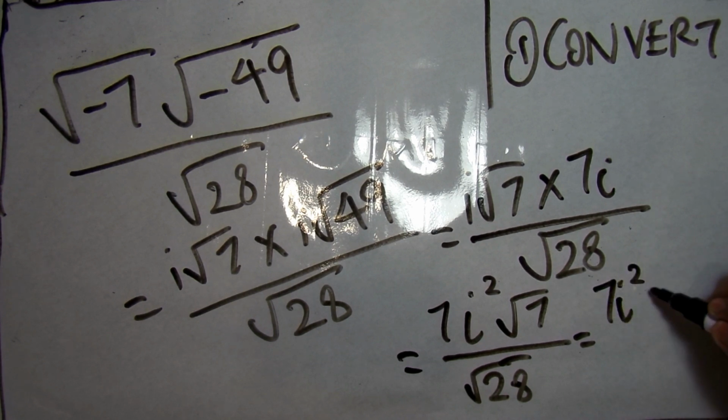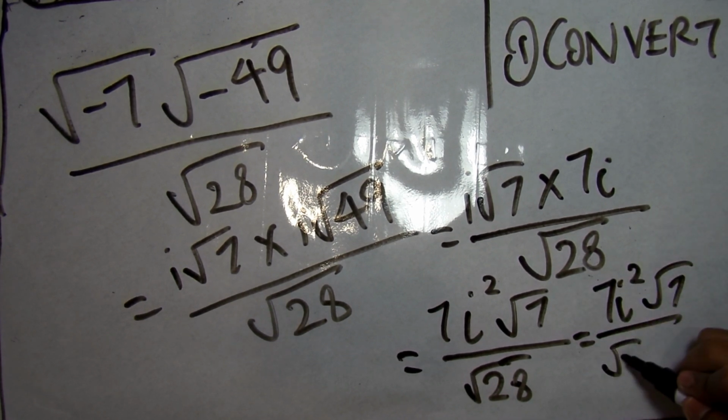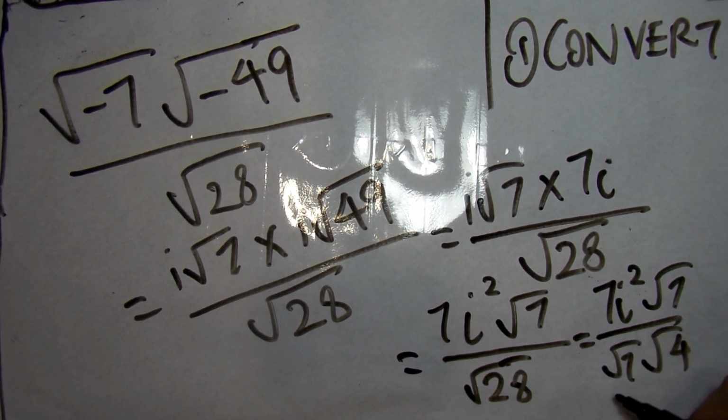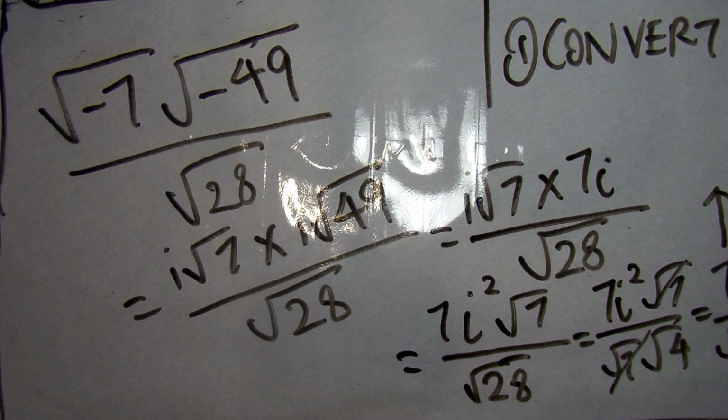So 7i square root 7 over root 7 times root 4. If we cancel the root 7 at the top and the bottom, we have 7i square over the square root of 4. The square root of 4 is 2. We have 7i square over 2.